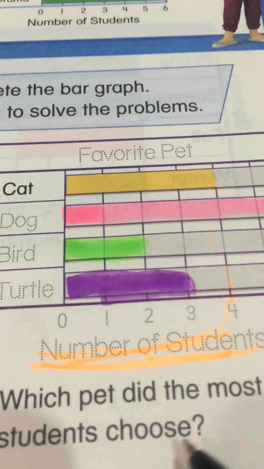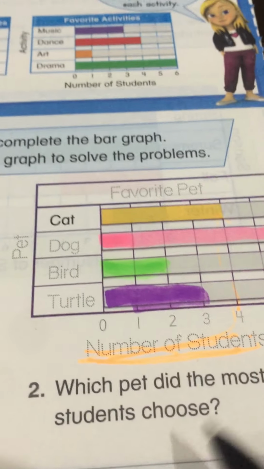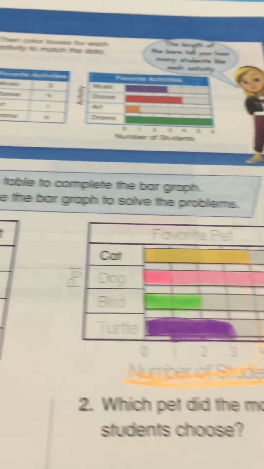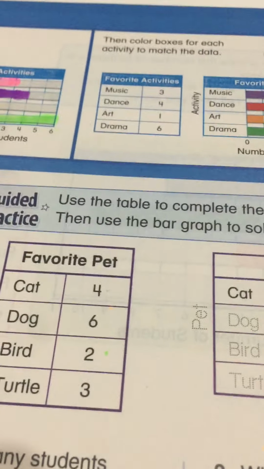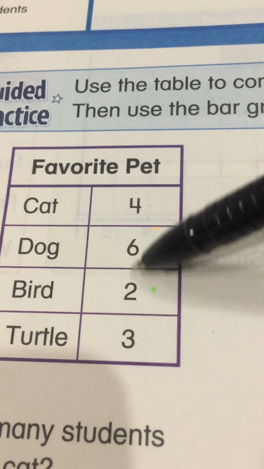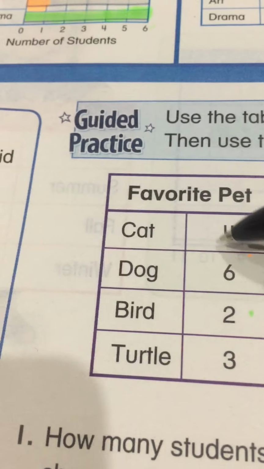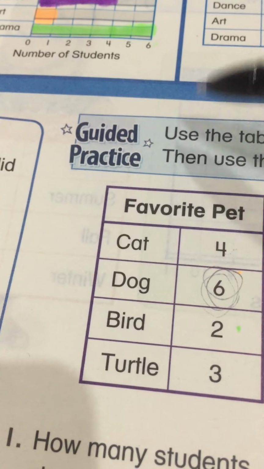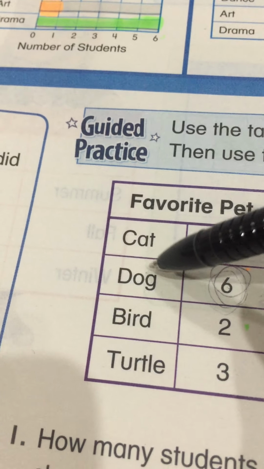Which pet did the most students choose? Which of these do the students like or choose the most? So let's look: 6, 4, 6, 2, and 3. Here 6 is the biggest number of students, who like dogs.